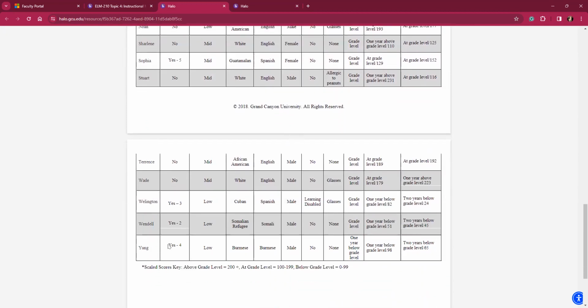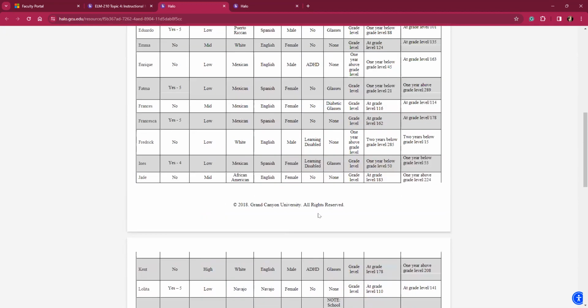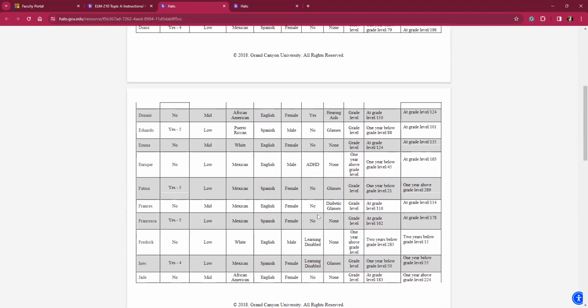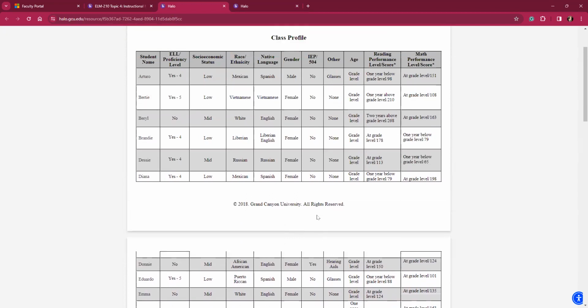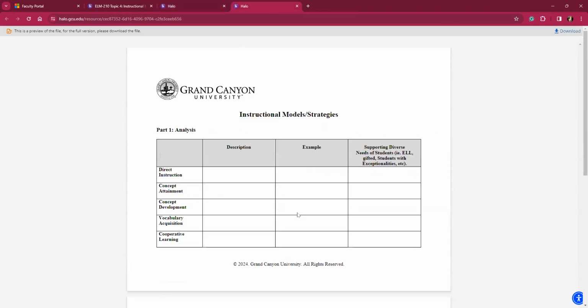So you can see most students in the class are more intermediate level, where we do have some students who are not at all English language learners, but most of the students are intermediate, so they speak English. They just don't have all of the academic language, and they might need just a little bit of language support, but not translations per se. So this is our class profile.